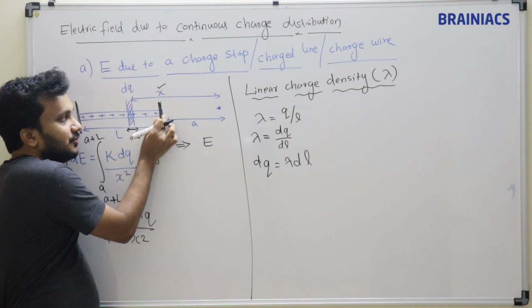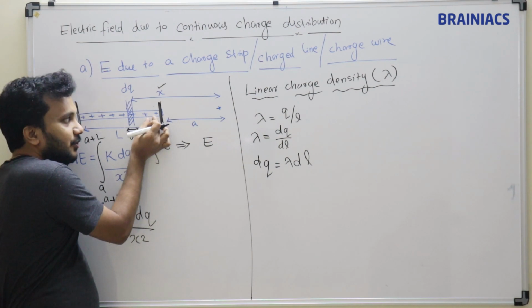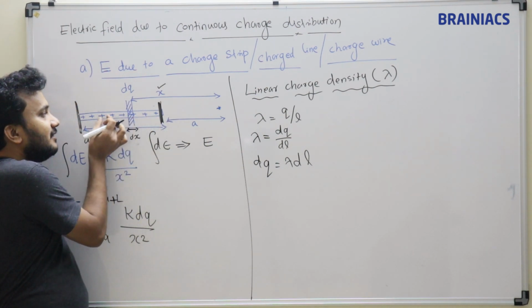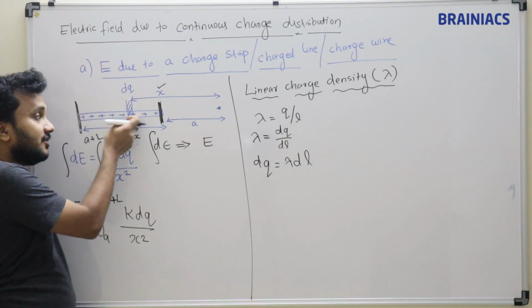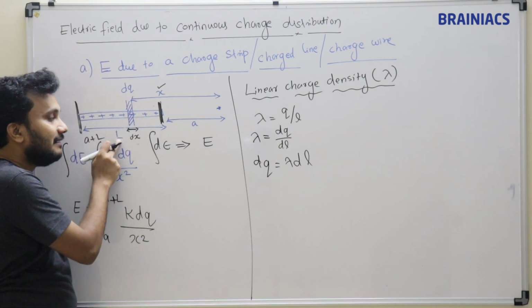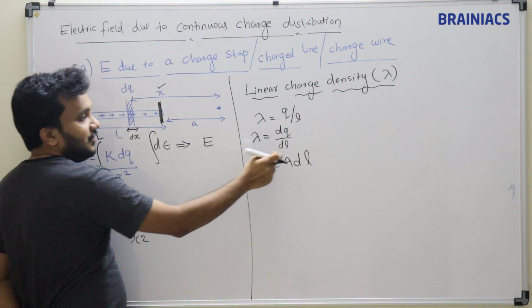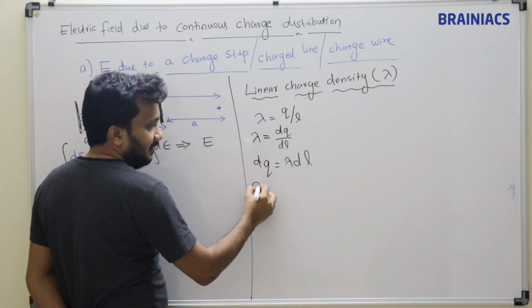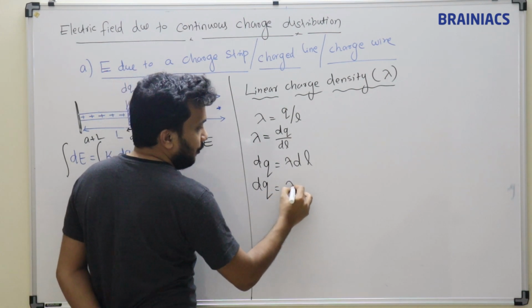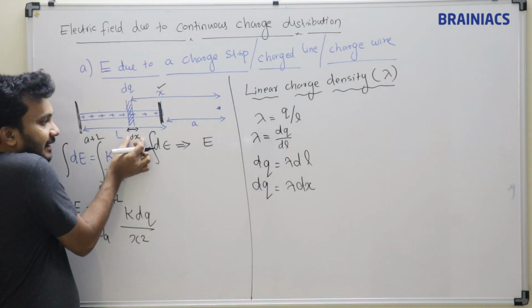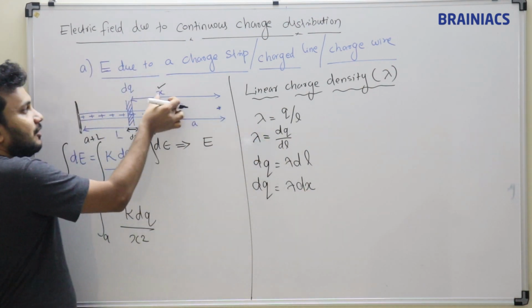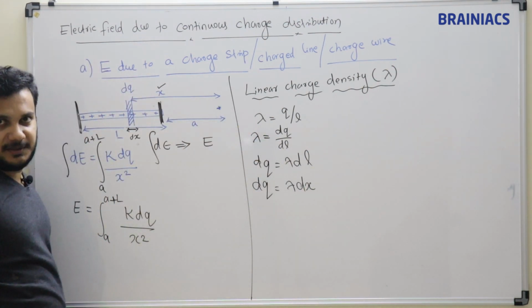At this point x is equal to 0, at this point 1 dx, at this point 2 dx, at this point 4 dx, at this point 5 dx. It keeps on going, and when a large number of dx are added we get L. So instead of writing dl, in this case I am writing dq will be equal to lambda into dx. Hope you understood. Instead of writing dl, I am writing dx, because x is the varying parameter here.